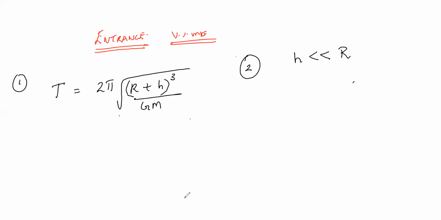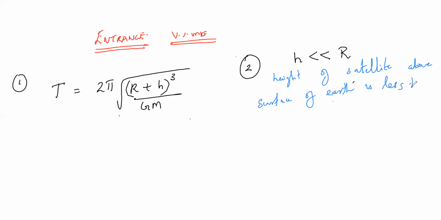Second condition: if the height of the satellite above the surface of the Earth is less than the radius of the Earth, then what is our formula?